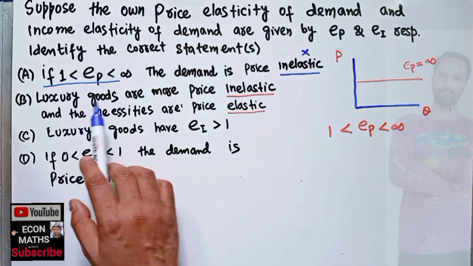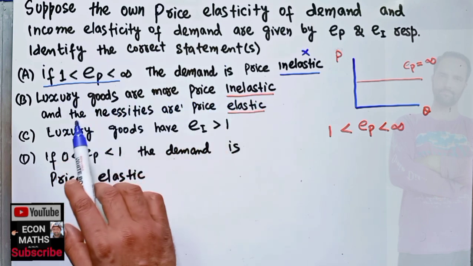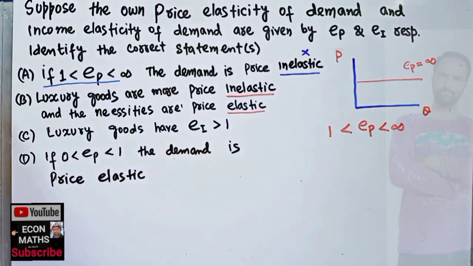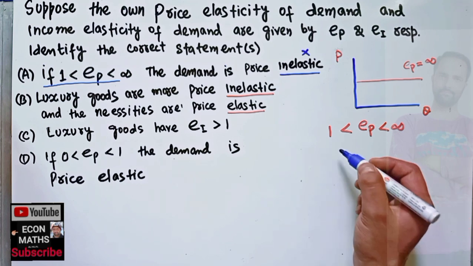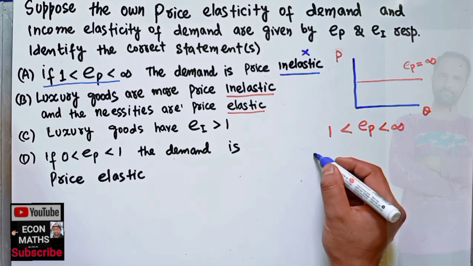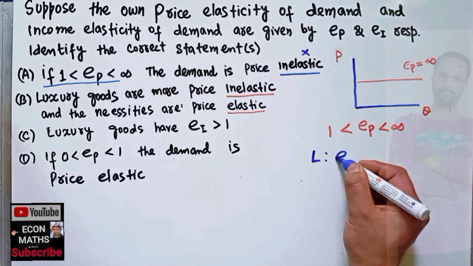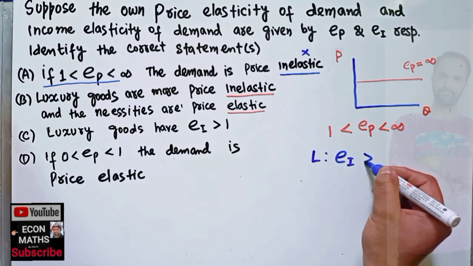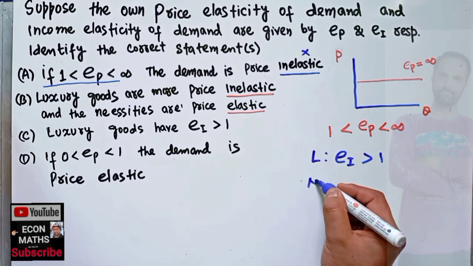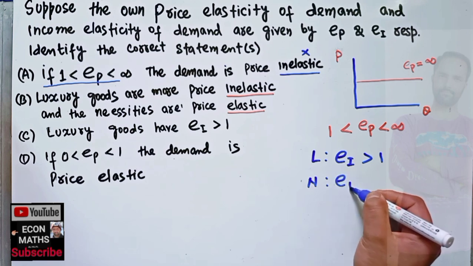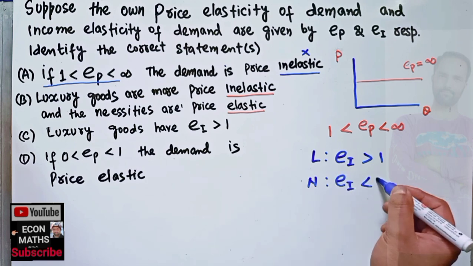The second option tells us luxury goods are more price inelastic and necessities are price elastic. This is also incorrect. In case of luxury items, income elasticity is always greater than 1, and in case of necessities, income elasticity is less than 1.